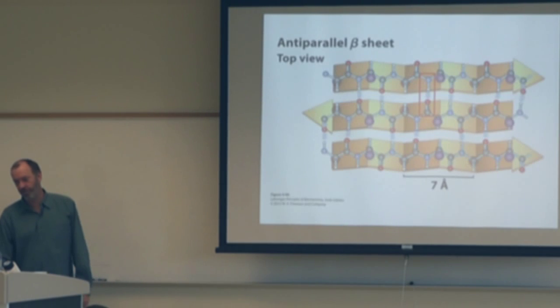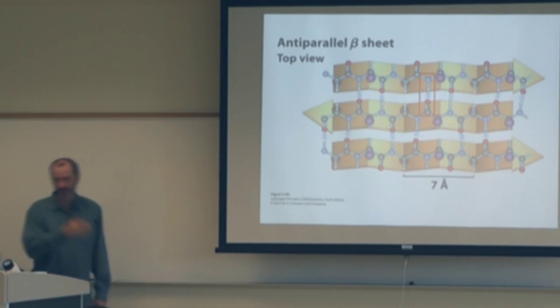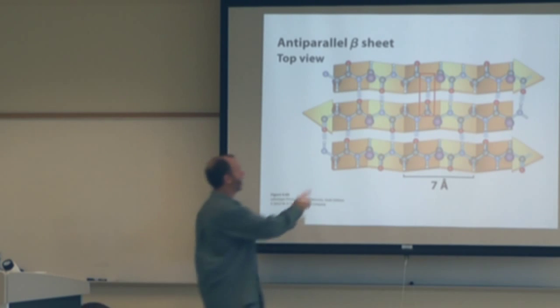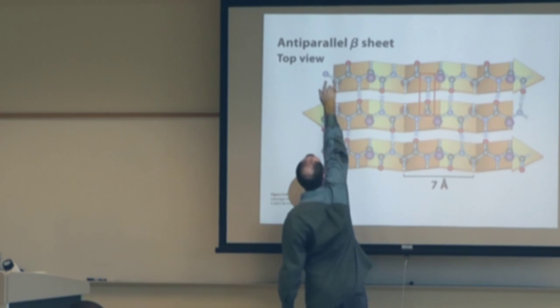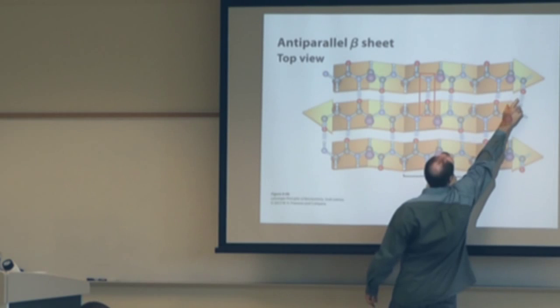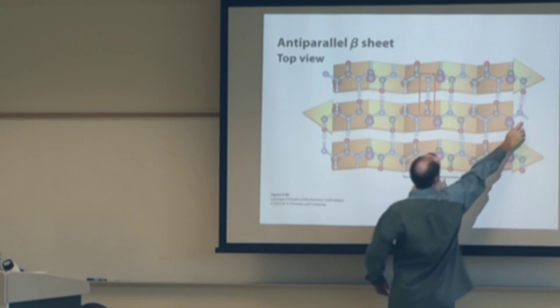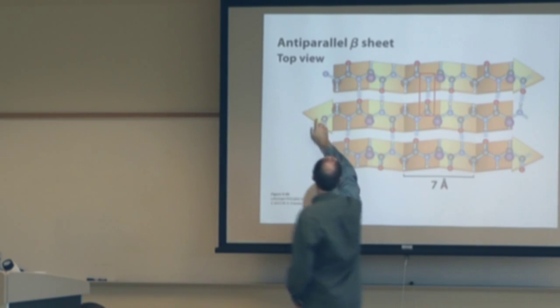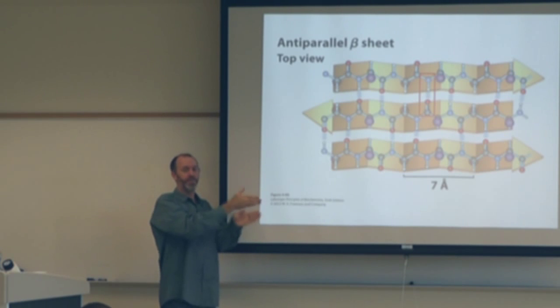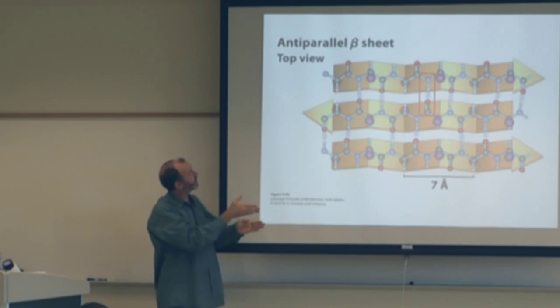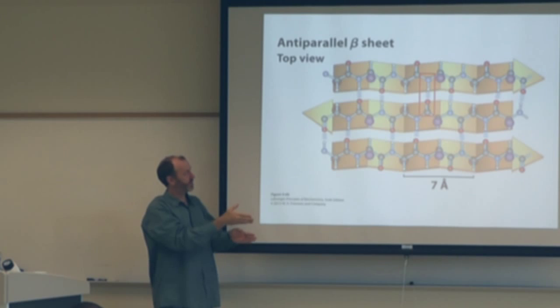This next figure shows you those hydrogen bonds in an anti-parallel sheet. So here we have an anti-parallel. This is the amino terminus to the carboxy terminus, and vice versa, going the opposite direction. So those strands are going opposite, so they're anti-parallel beta sheets.